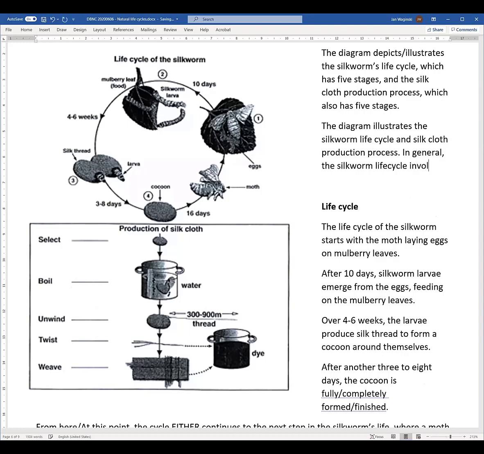Can we say overall the silkworm life cycle will contain 5 steps or 5 stages? Yes, you can.